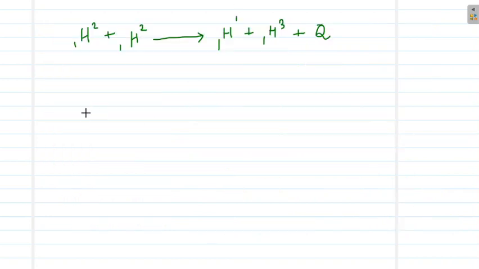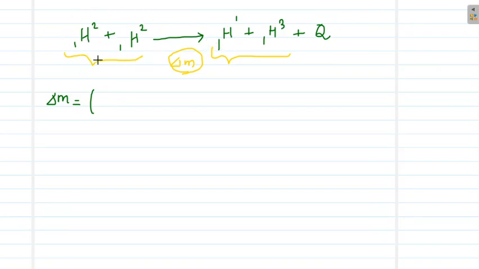So how do you calculate the energy? We need to calculate the difference in mass between the initial and final products, and that difference in mass, the delta M, will be converted into energy according to Einstein's relation. First, let us calculate the delta M. The initial mass minus final mass should be taken, because the initial mass is heavier.